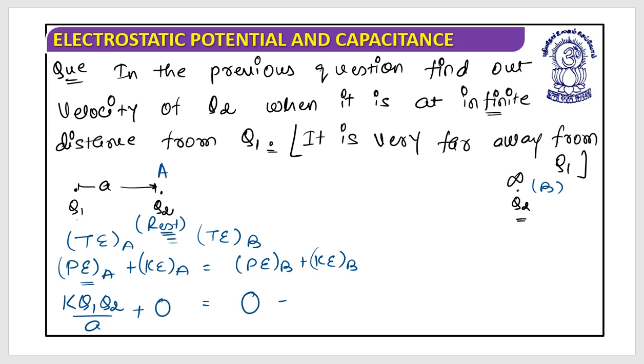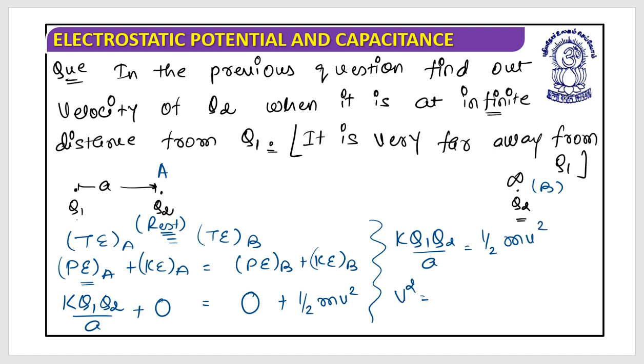So this is 0 plus kinetic energy at b, which is half mv square. I hope you remember this. So kq1q2 divided by a should equal half mv square, and my velocity square should be equal to 2kq1q2 divided by m into a. And if they ask v, then just take the square root of this, meter per second. That's it. You did it.